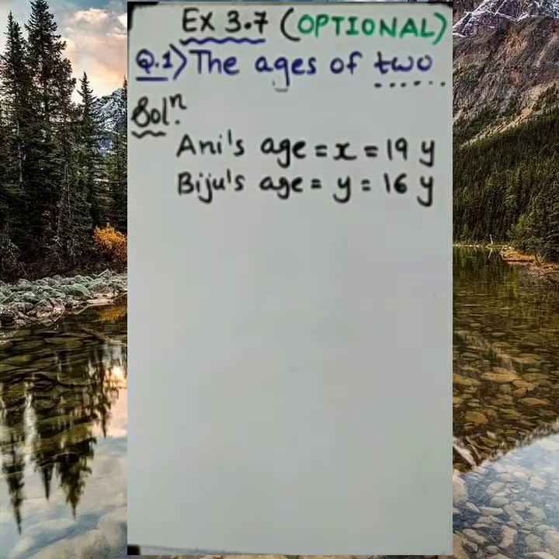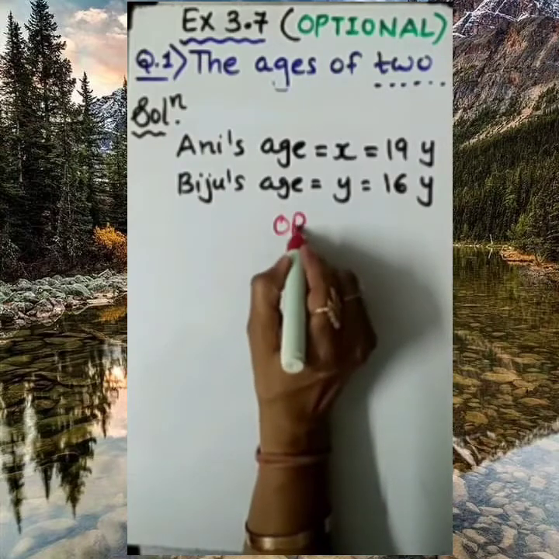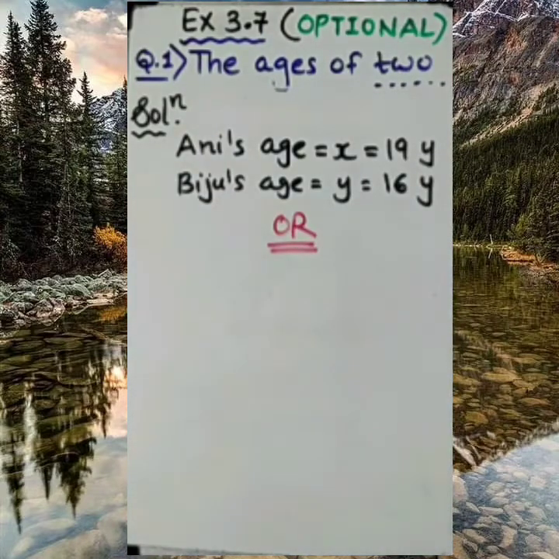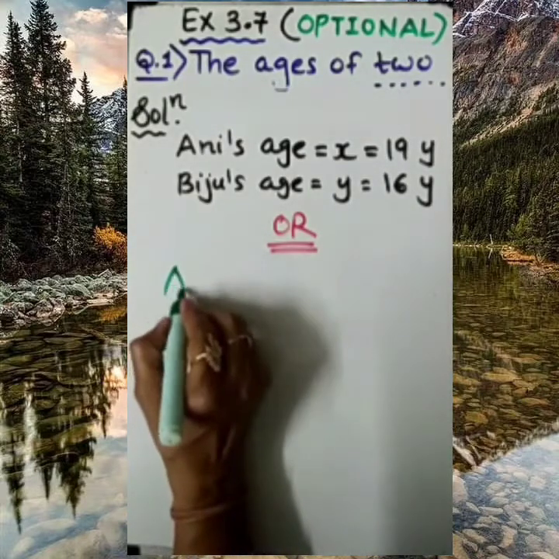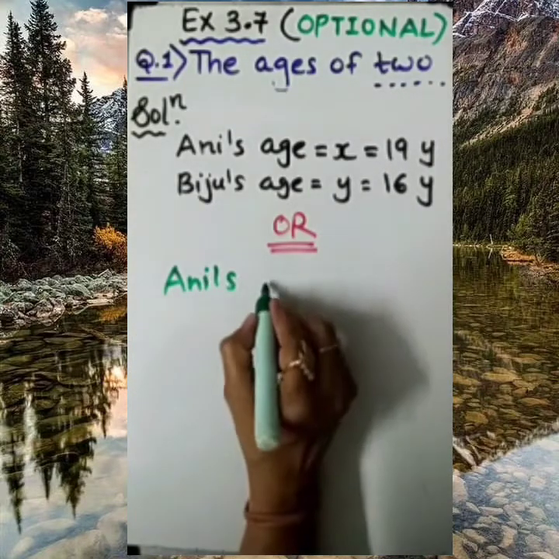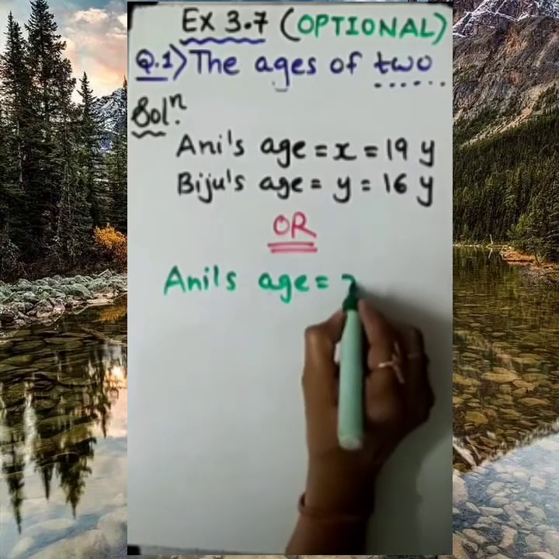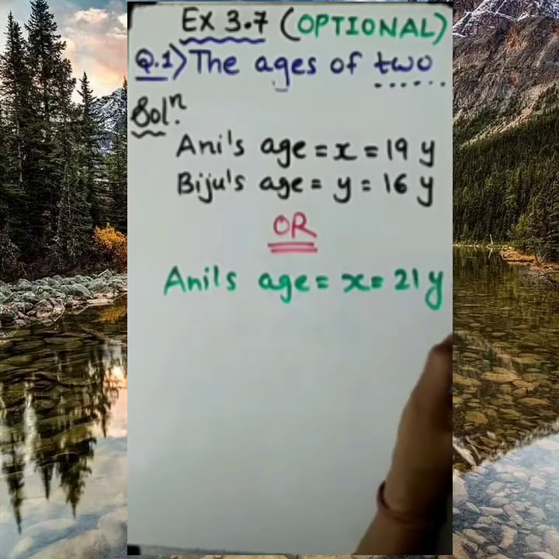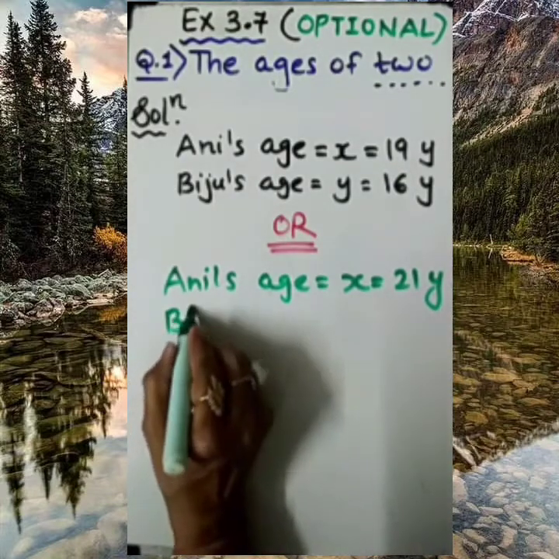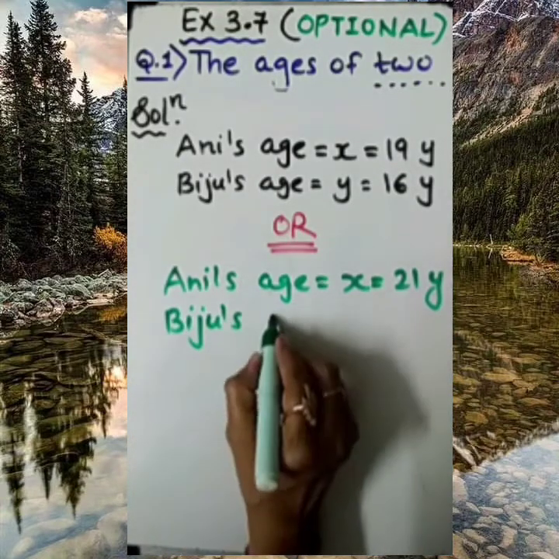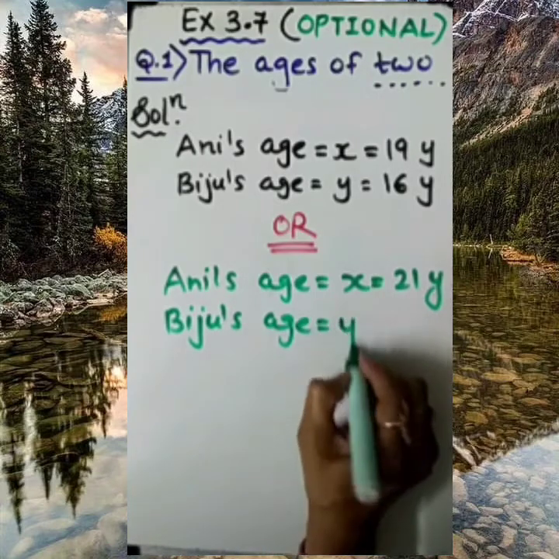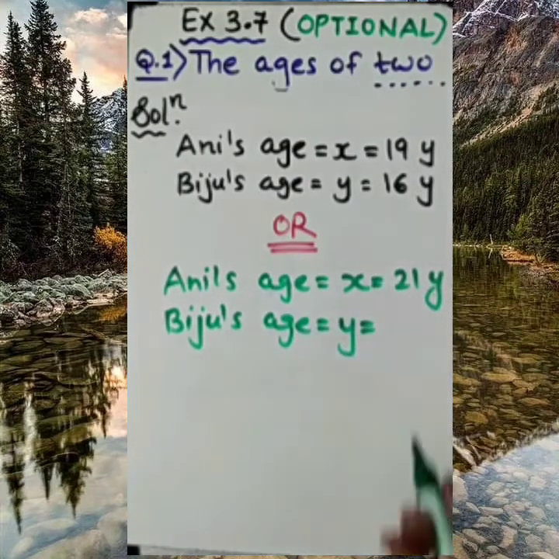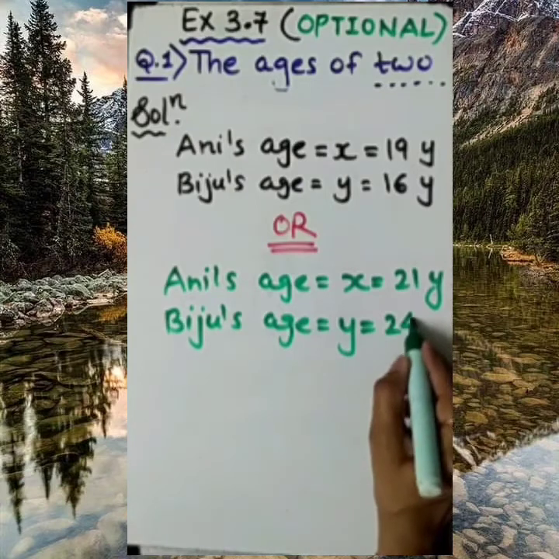But in case 2, what is the other case? That is, or. So we need to mention or. Ani's age in the second case, that is x we have considered, was 21 years. Fine. And Biju's age, that is y we have considered, its answer was 24 years.